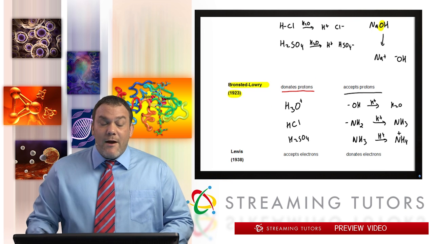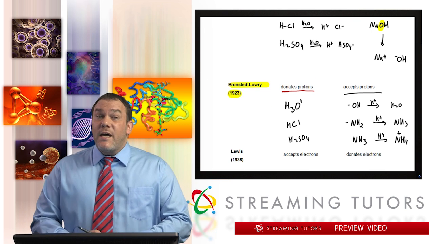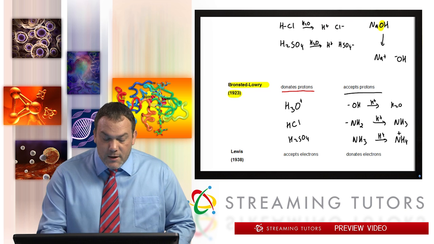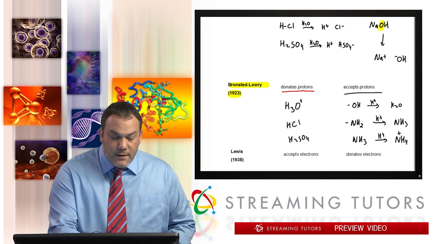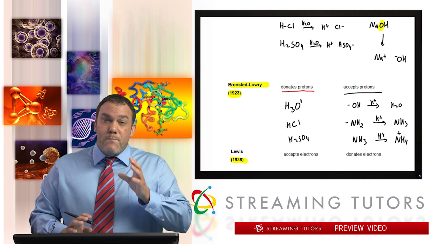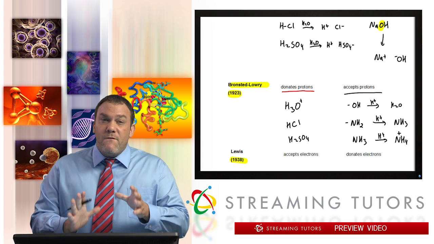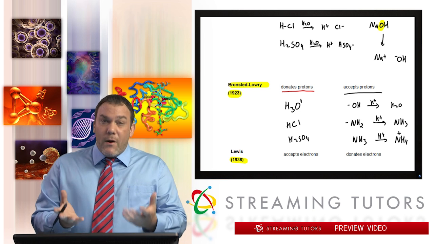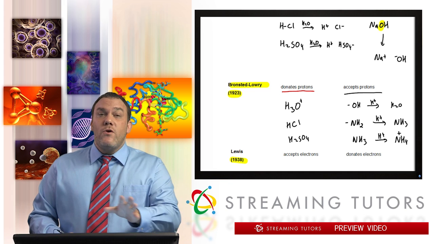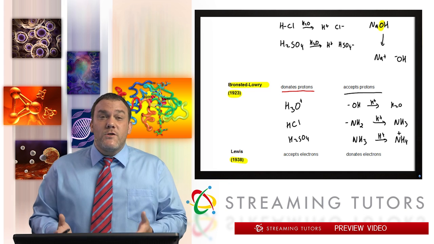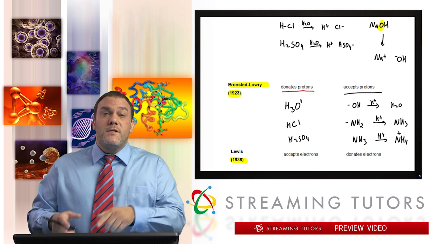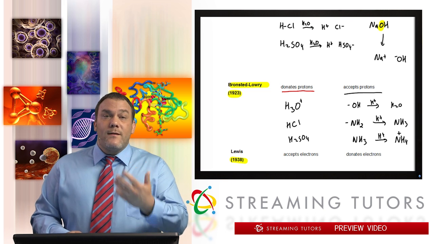Well, Bronsted-Lowry was really good, but Lewis came up with the ultimate definition. So in 1938, Lewis came up with a better definition because he focused slightly different on the problem. See, and this is huge for organic chemistry because organic chemistry is all about where he focused his attention, and that is on the electrons.